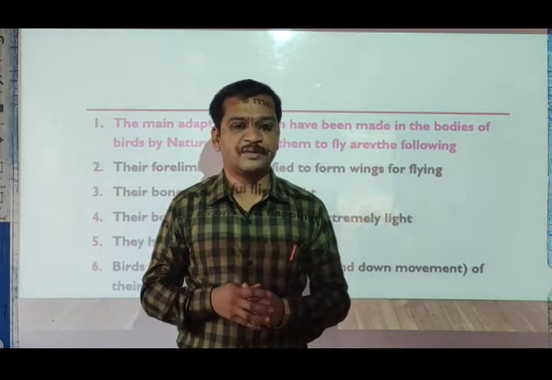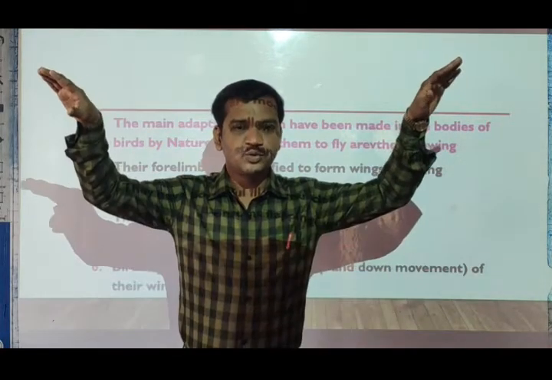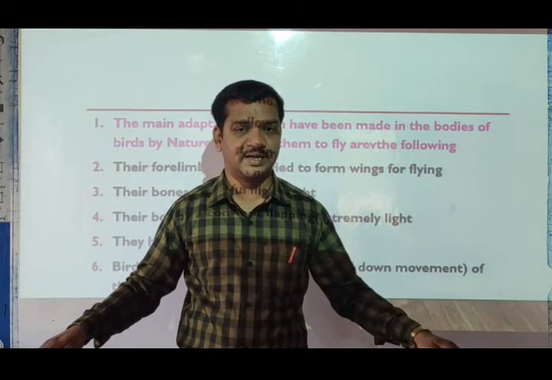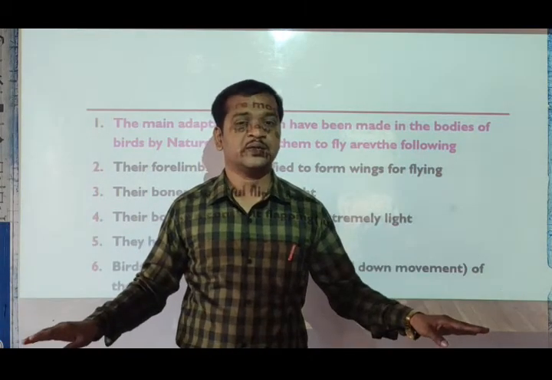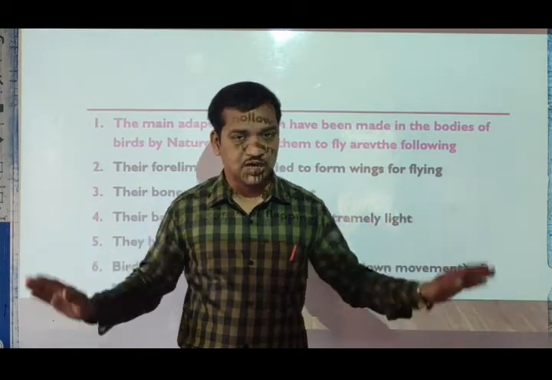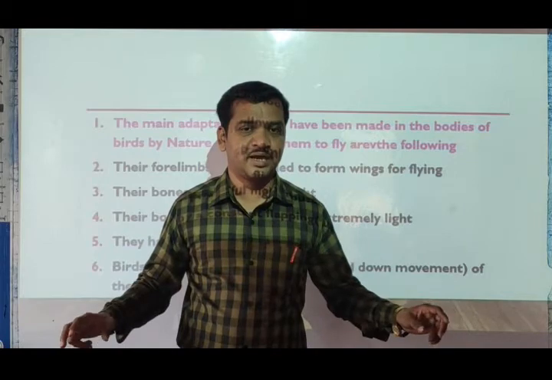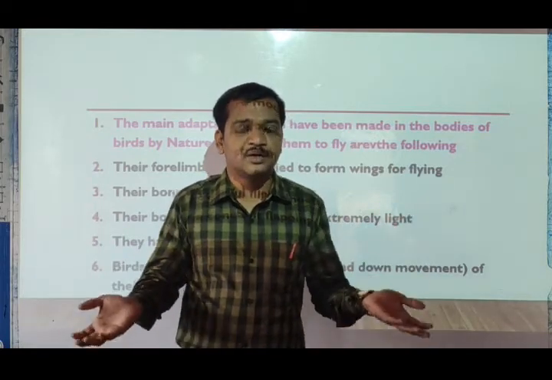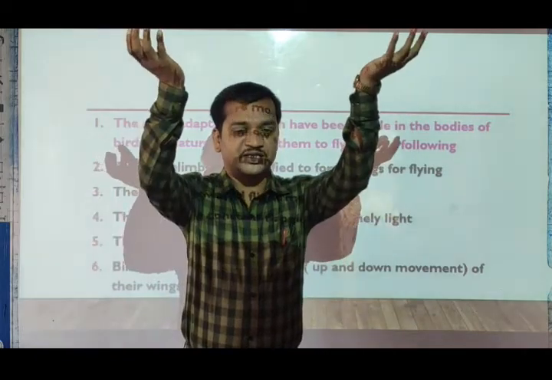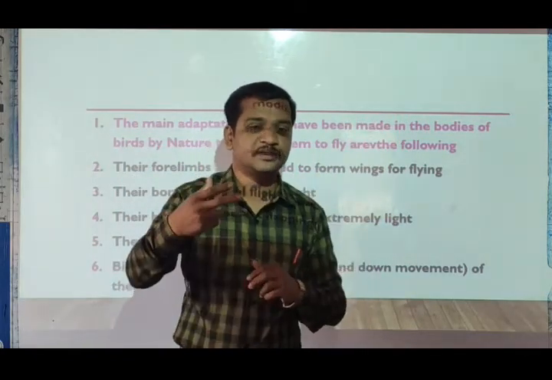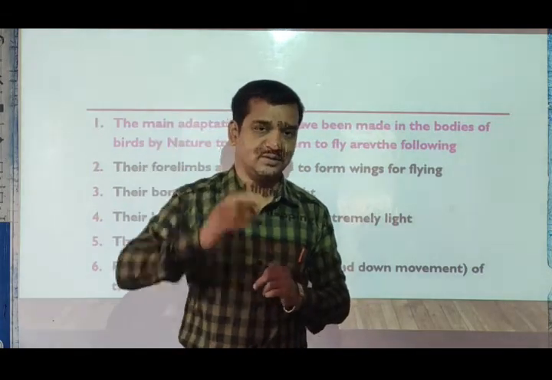Actually what happens when birds push the wings downwards, during the downstroke, the air is pushed by wings downward, at the same time the air lifts the bird in upward direction with equal force, and due to this movement the birds fly forward.